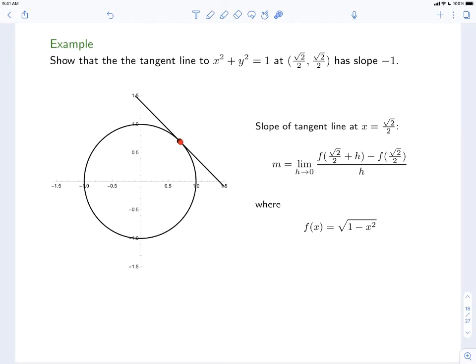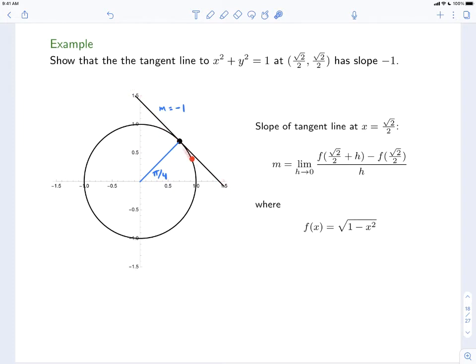And this point right here has coordinates square root of 2 over 2, comma, square root of 2 over 2. Incidentally, this is the point on the unit circle where sine and cosine have argument pi over 4. So it's certainly believable that the slope here is -1.